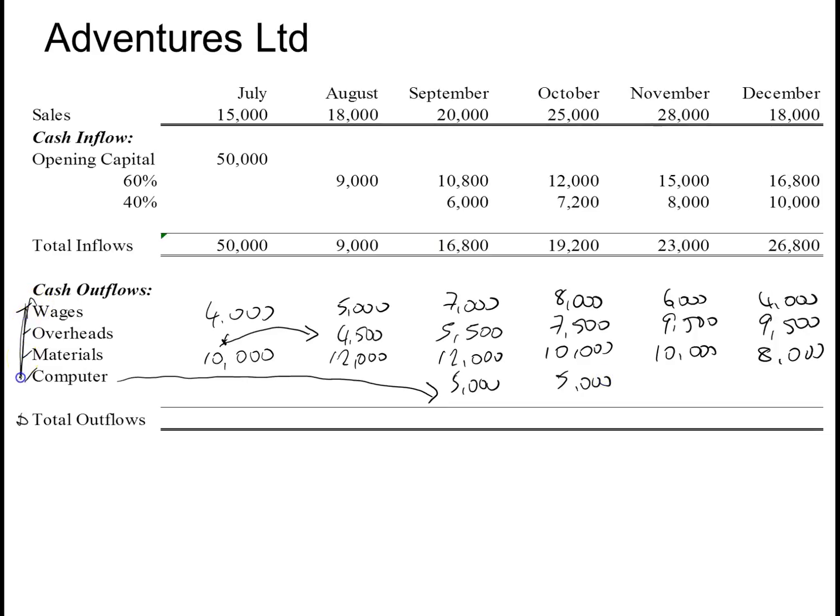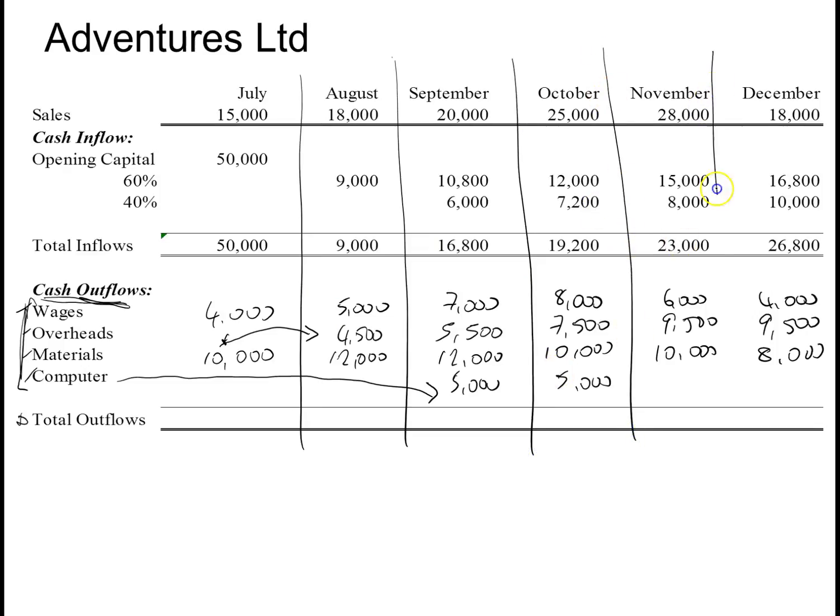Now, as we discussed earlier, there were only 4 cash outflows, so that's the 4 from there. So we need to add up each one of these months individually. In other words, the total cash outflows for July will come to 14,000. The total cash outflows for August, which is these 3 figures here, comes to 21,500.